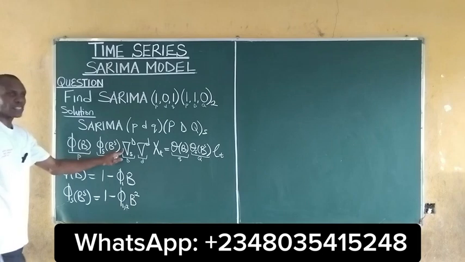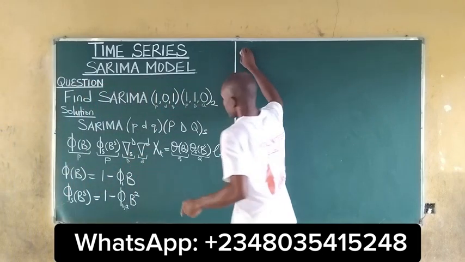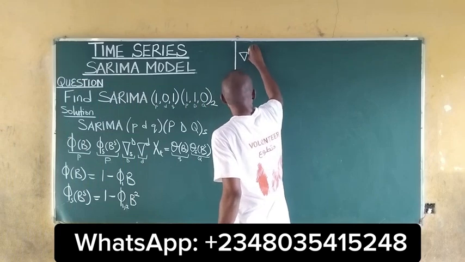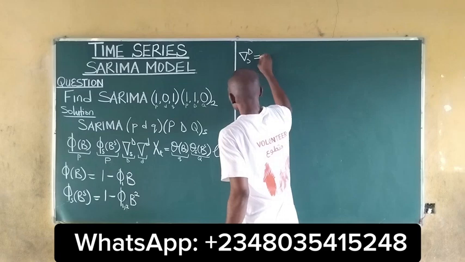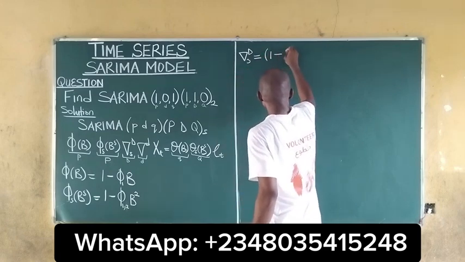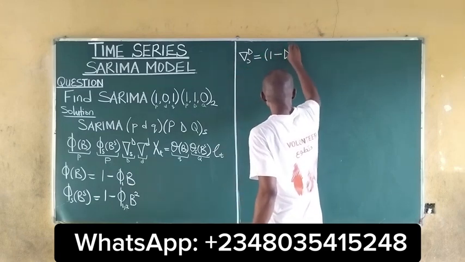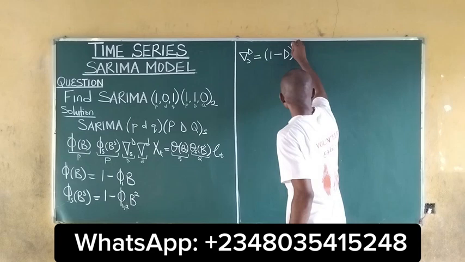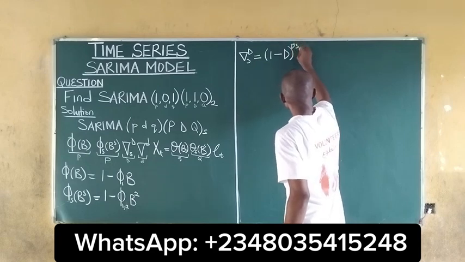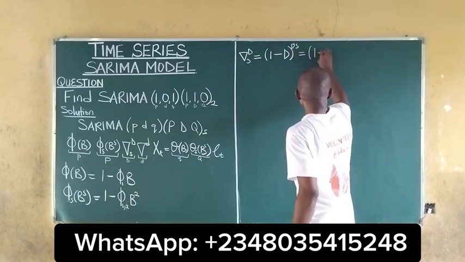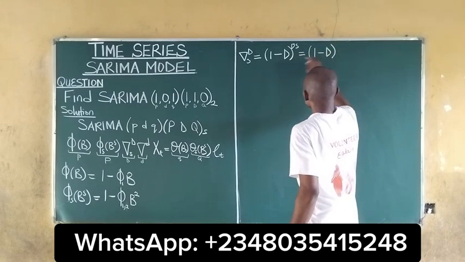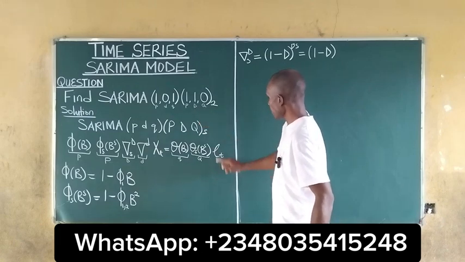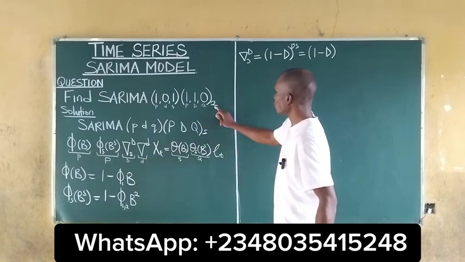Also, we have our seasonal difference. Our seasonal difference is computed as 1 minus B to the power of s, multiplied by D. The big D is 1, and our s here is 2.